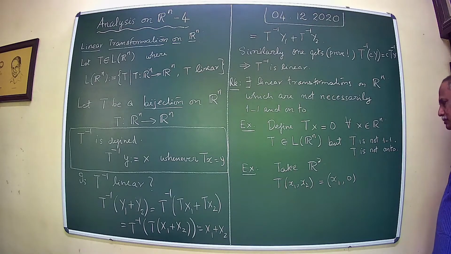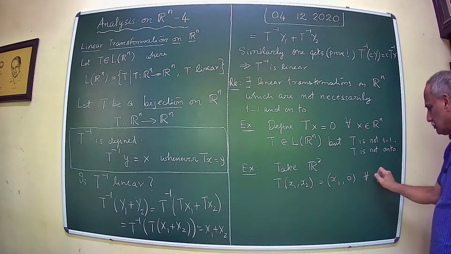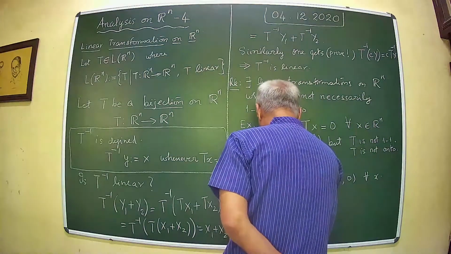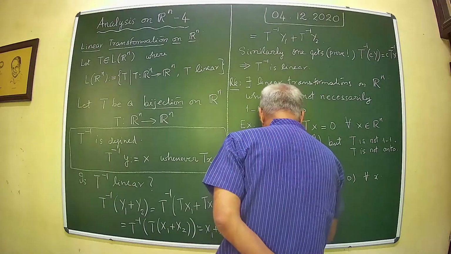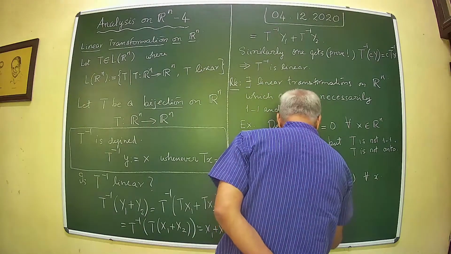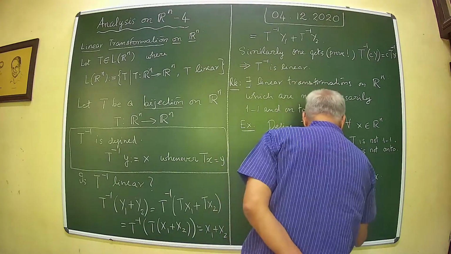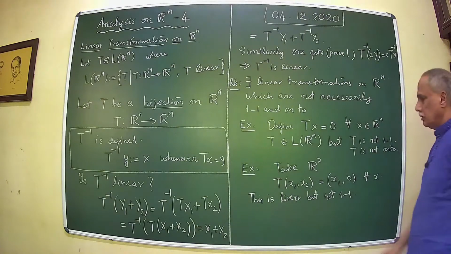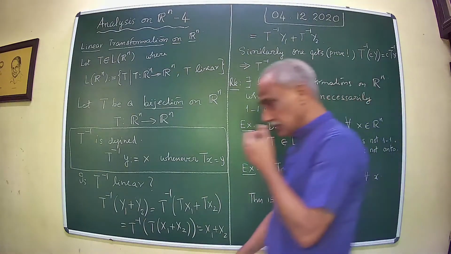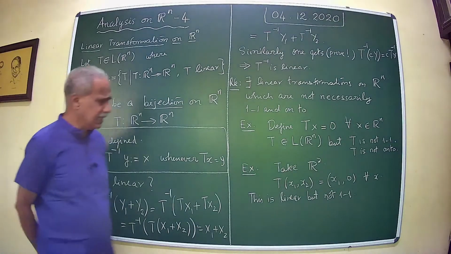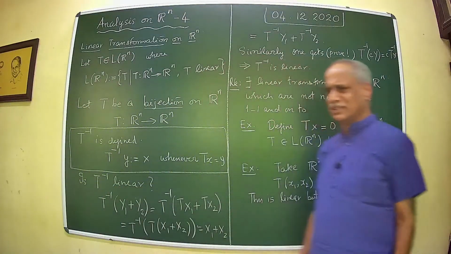Okay. Now this is linear. But not. So this is a projection. That's an example of a projection. I mean, there are a lot of examples that you can construct.